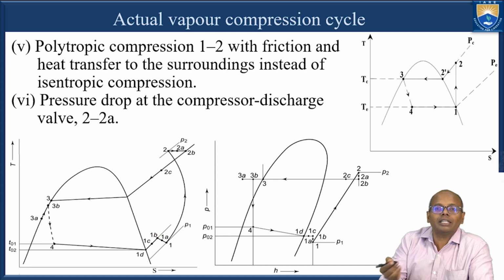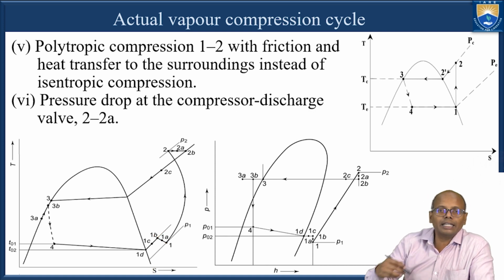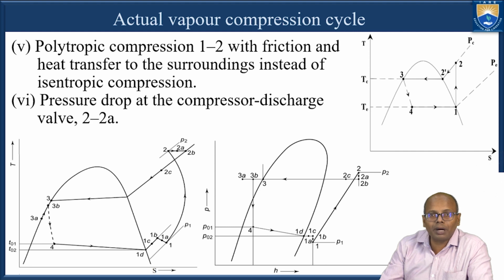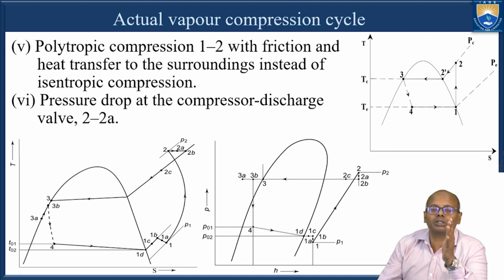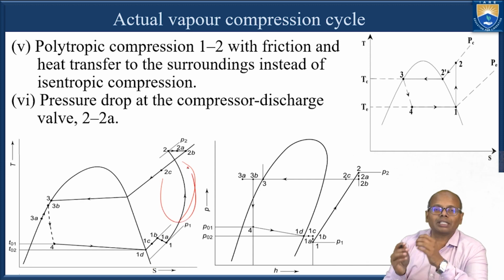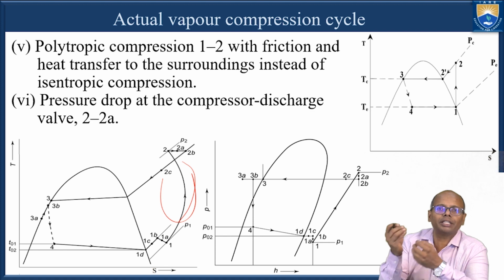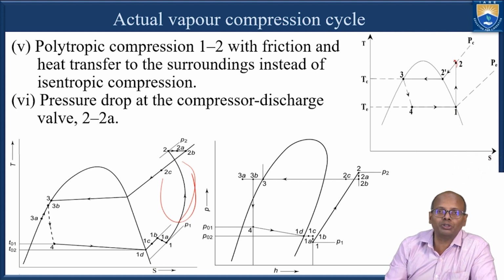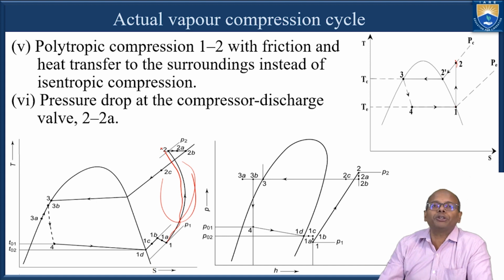Now what is happening inside the compressor? Inside the compressor, it is supposed to not exchange any heat with the surroundings, but it is not possible to insulate completely. The compressor cannot be insulated completely, so there will be some heat transfer to the surroundings. Because of that, instead of an isentropic process from 1 to 2, the path it takes is a polytropic process.